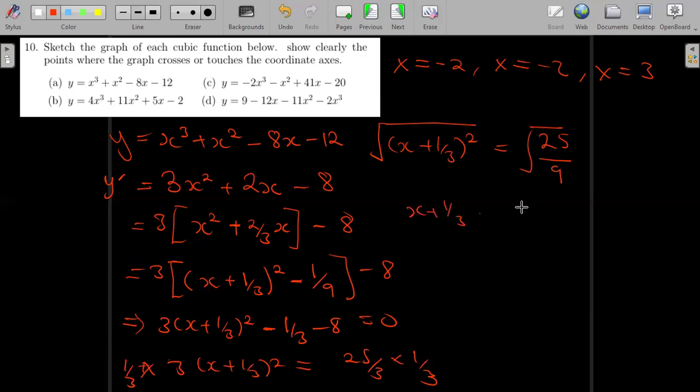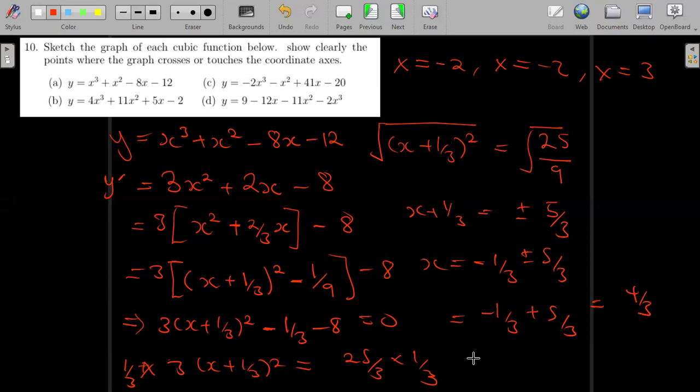And this will be equal to plus minus, and this is clearly 5 over 3. Then 1 over 3 can go that side, and I remain with negative 1 over 3 plus minus 5 over 3. When I add, I have negative 1 plus 5 over 3, which gives me 4 over 3.